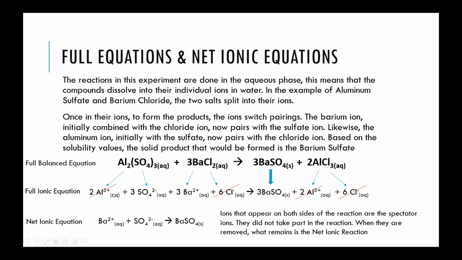They're not doing anything. These would be the spectator ions. So in this case, there are 2 aluminum ions on the reactants and 2 aluminum ions on the products. This is a spectator ion and can cancel out. Likewise, there are 6 chloride ions on the reactants and 6 chloride ions on the products. These are also spectator ions and can cancel out.